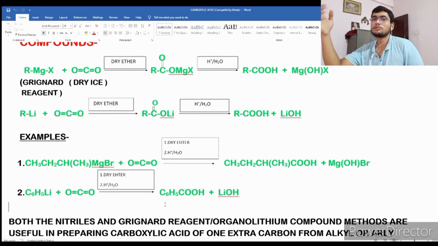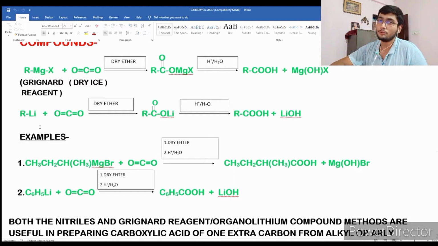Or you can also use these methods: a Grignard reagent or an organolithium compound. You can use these two methods as well to convert an alkyl halide into a carboxylic acid of one extra carbon. You can easily convert an alkyl halide into a Grignard reagent or organolithium compound, and by simply treating them with dry ice and then hydrolyzing them, you can get a carboxylic acid of one extra carbon.